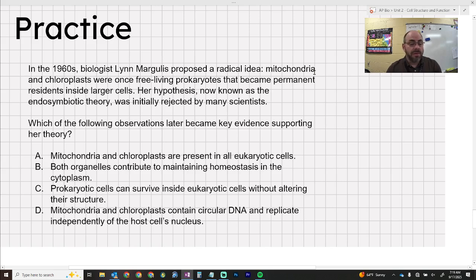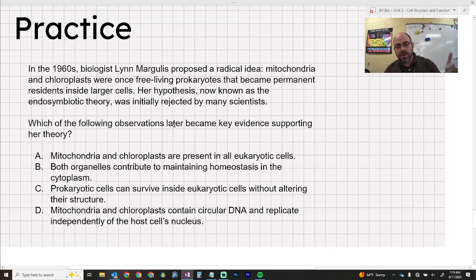Her hypothesis, now known as the endosymbiotic theory, was initially rejected by many scientists. So I don't even need to define endosymbiotic theory here. Not only am I given some dates and fun facts and radical ideas, but I am given the definition of the endosymbiotic theory. The following observations later became key evidence supporting her theory, so I do need to know the evidence.